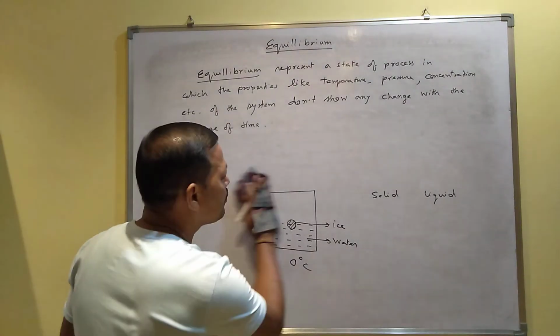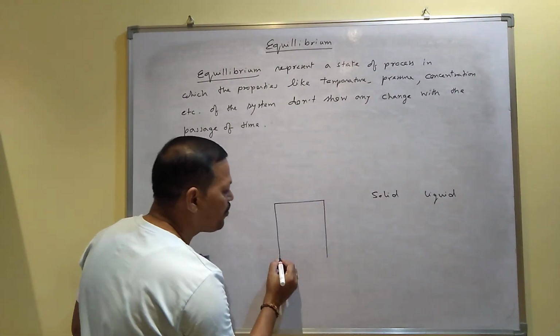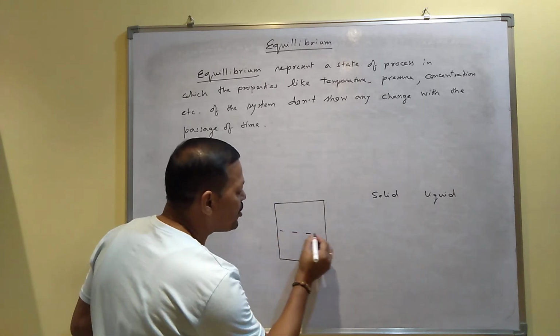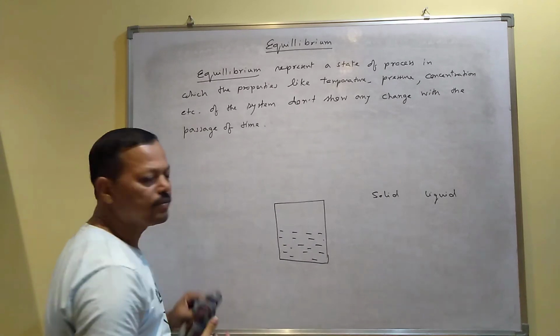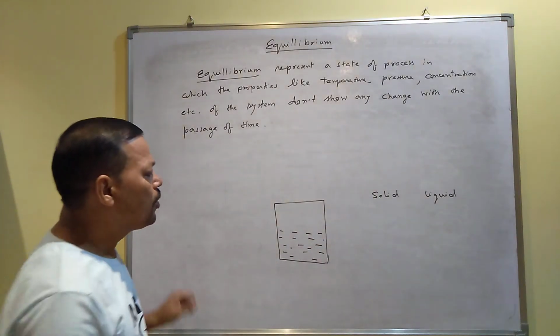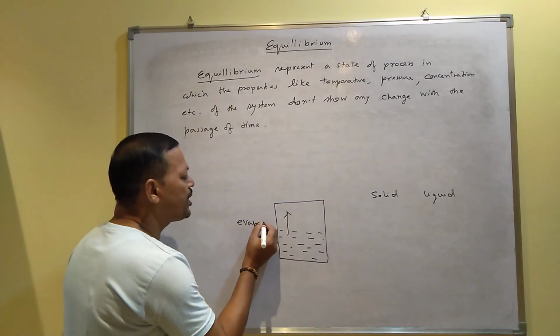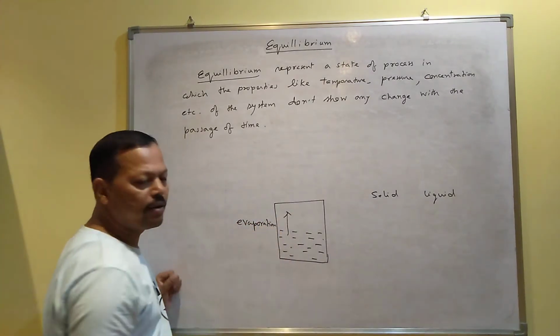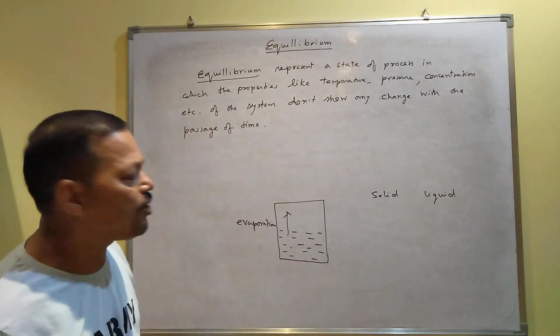Similarly, suppose this is a container, and the container is closed and contains a little amount of water. You know, at normal temperature also water undergoes evaporation. But since the container is closed, the evaporated molecules cannot go out.